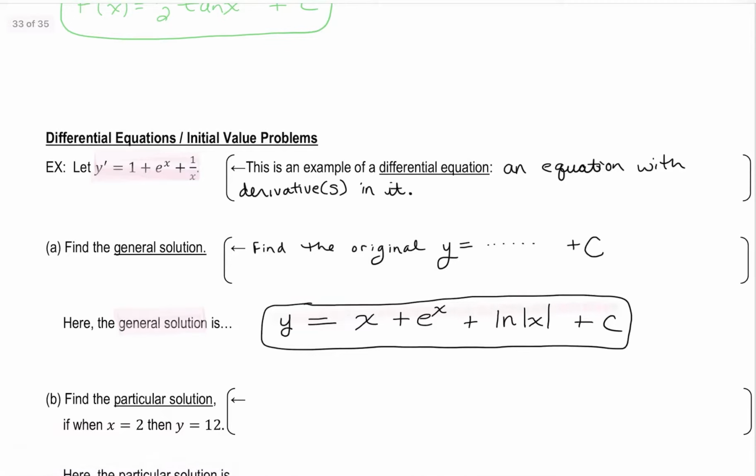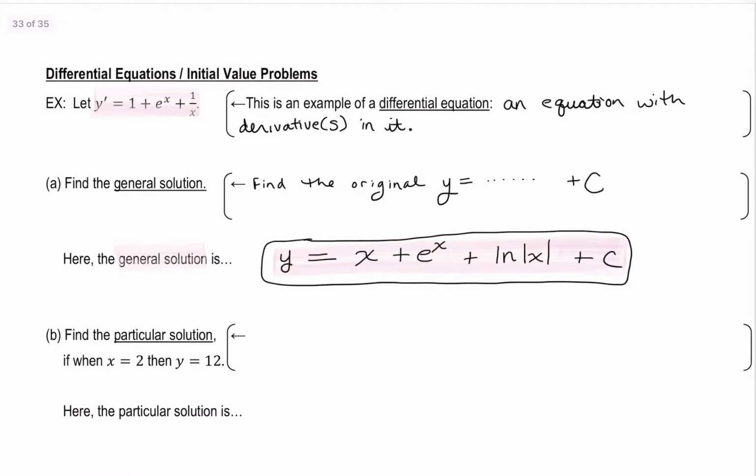All right, so in some ways, nothing new, just phrasing it differently. Here's a derivative, and now go backwards and find the original. So you're still finding the antiderivative, just instead you're starting with a y prime and going back to a y. All right, so then you might be asked to find the particular solution.